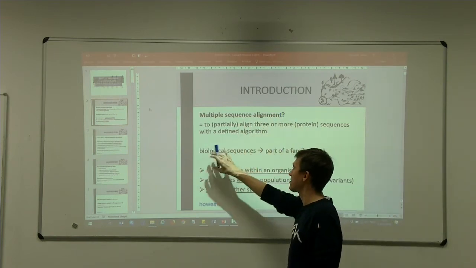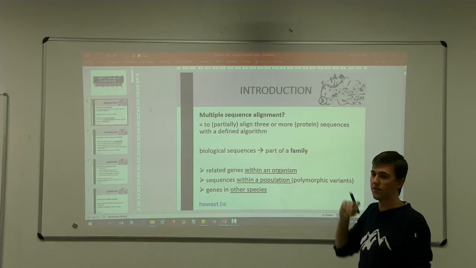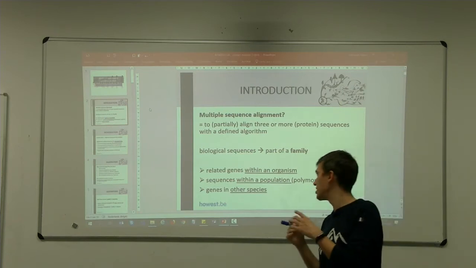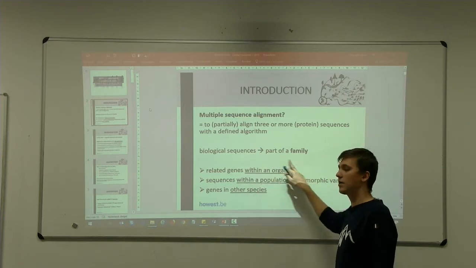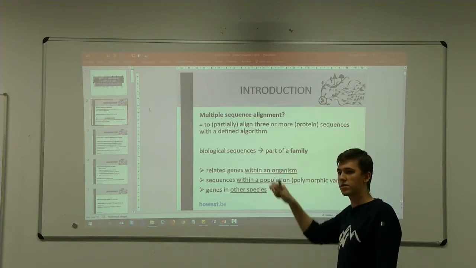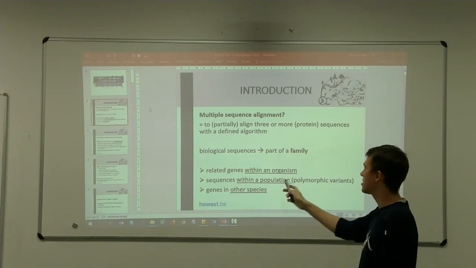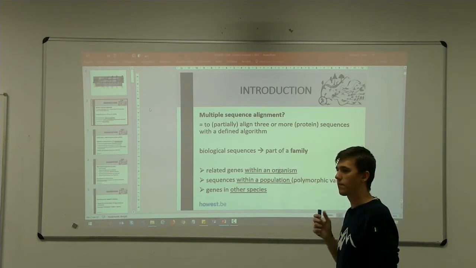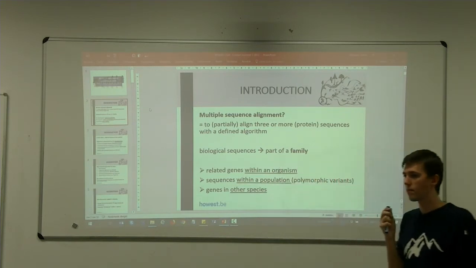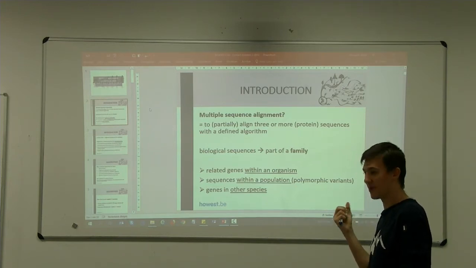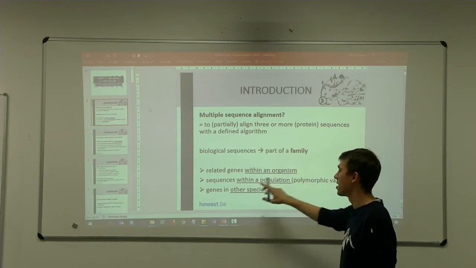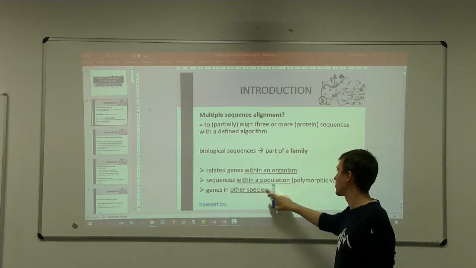Why can we perform these multiple sequence alignments? This is because we know that our biological sequences are part of a family. This can of course be a gene family within an organism, so related genes. These have a name. How can we call these related genes in an organism? Paralogs. Yes, so paralogs. This can be sequences within a population.